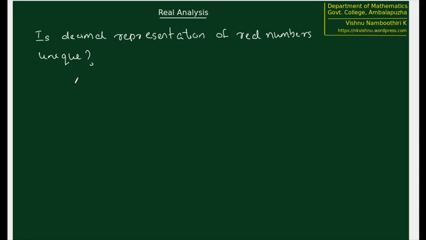One possible example should reveal that the answer is actually no. So consider x equal to the real number 0.5 and y to be the real number 0.4999..., not terminating, with nines going on like that.